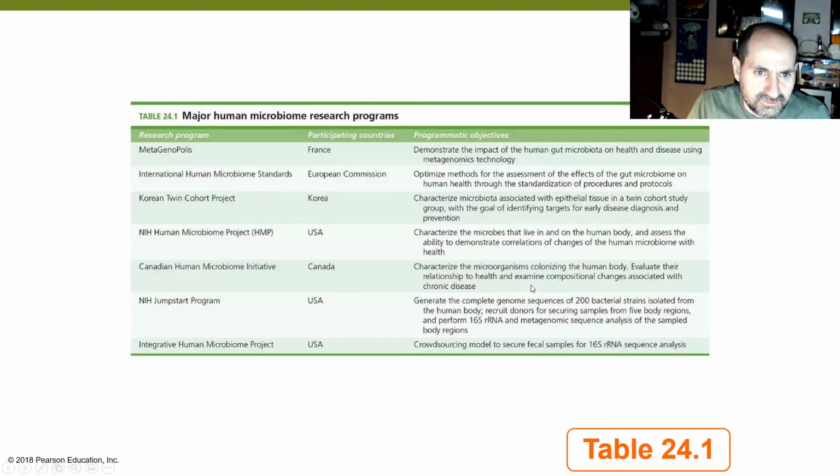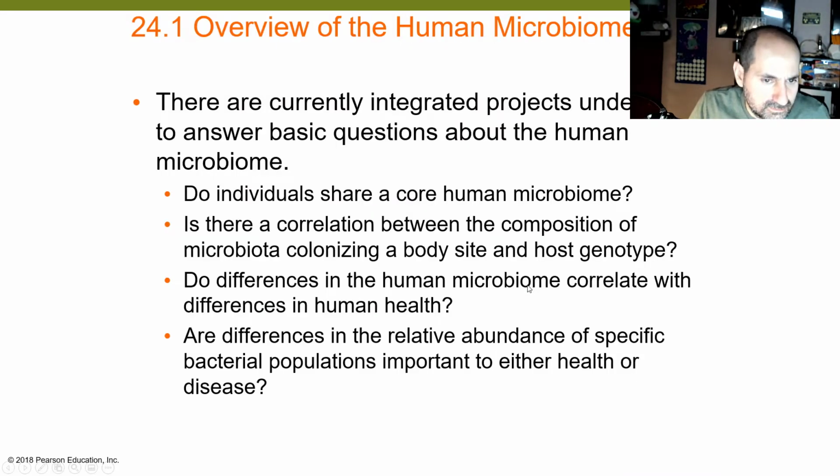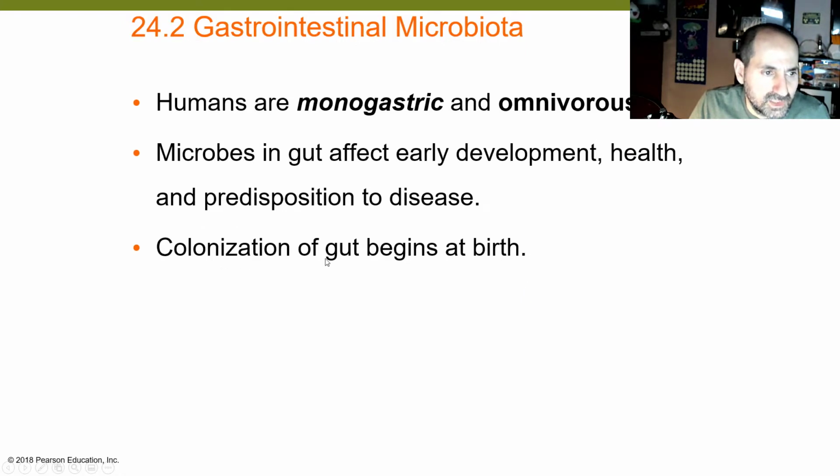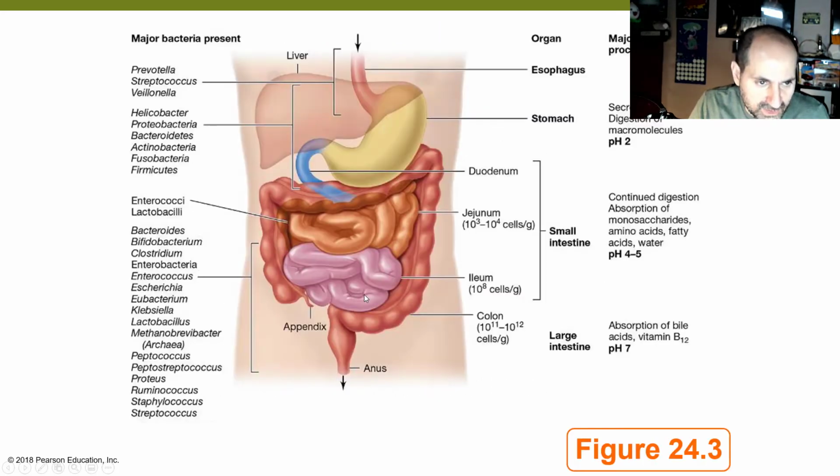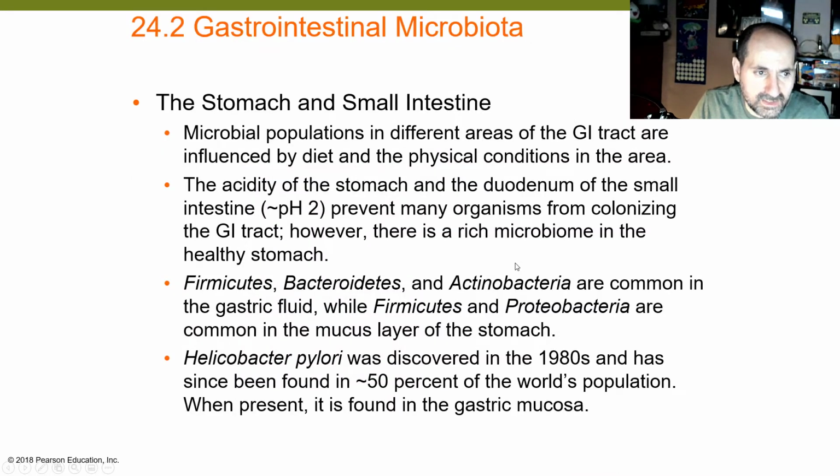Let's see what else is very important to know. You should know that colonization begins at birth. We learned about the GI tract and how it's rich in microorganisms, all the way from the mouth all the way to the anus. There are microorganisms along that lining.